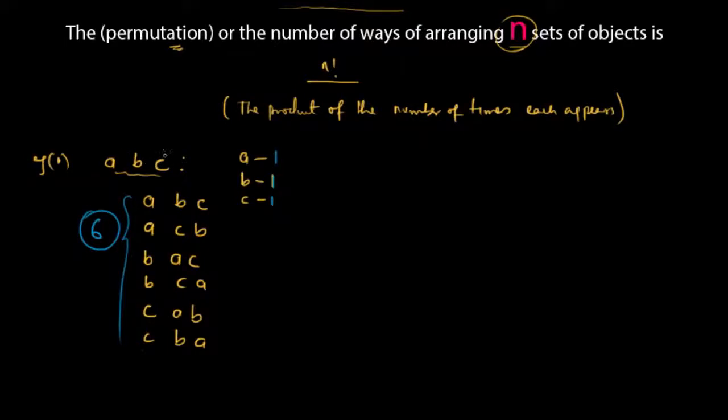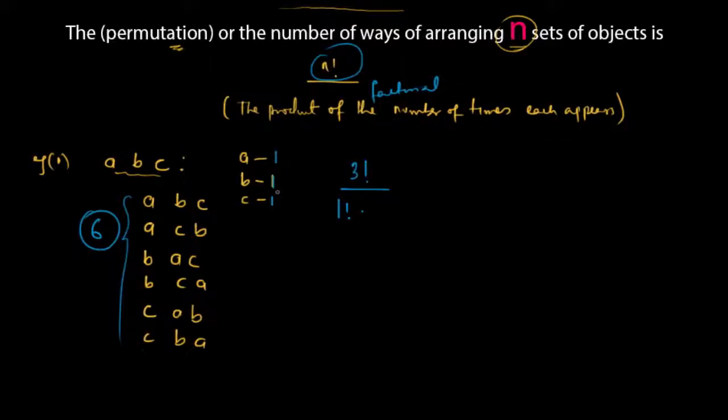So to find the permutation of A, B, C, the formula uses the number of objects we have. We have 3 objects, 1, 2, 3. So that's going to be 3 factorial divided by the product of the factorial of the number of times each appears.